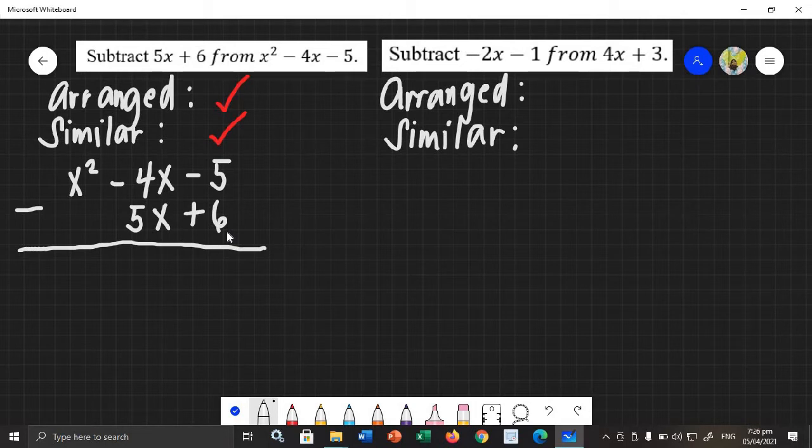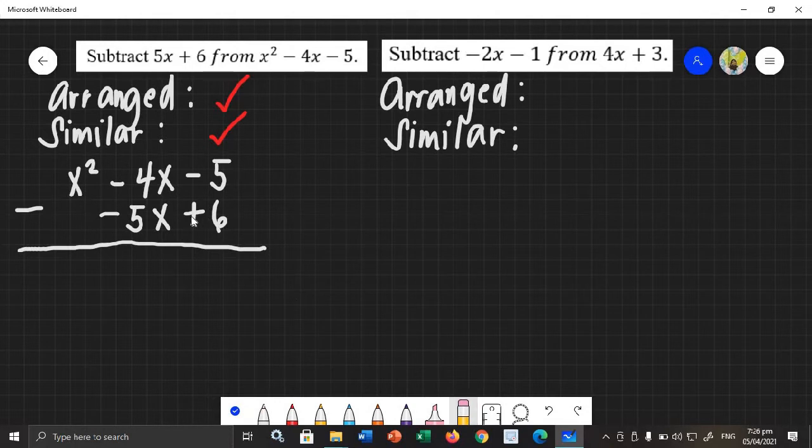So, ang rule in subtracting integers is we need to change the sign of the subtrahend. Yung subtrahend yung pangalawang given or yung nasa baba. So, in this case, ang subtrahend kasi natin is 5x plus 6. So, ito-change daw natin yung sign nila. So, si 5x magiging siyang negative 5x.